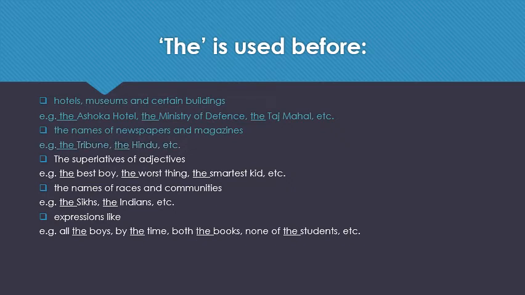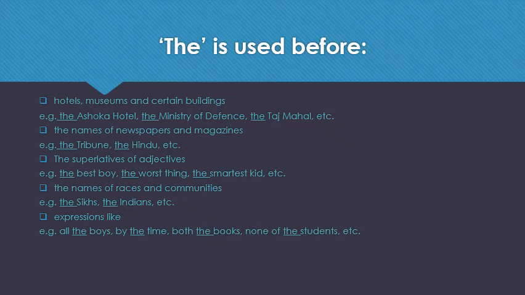The superlatives of adjectives: the best boy, the worst thing, the smartest kid. The names of races and communities: the Sikhs, the Indians, the Chinese, the Hindus, etc. Expressions like all the boys, by the time, both the books, none of the students.